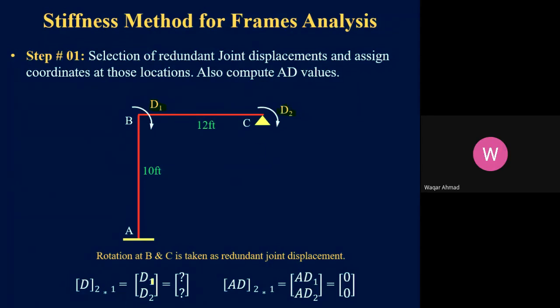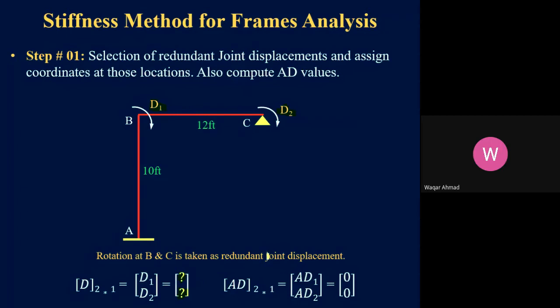So the aim of our analysis will be initially to find out the values of D1 and D2. D1 corresponds to the rotation at joint B, and D2 is the action corresponding to this rotation at point C.